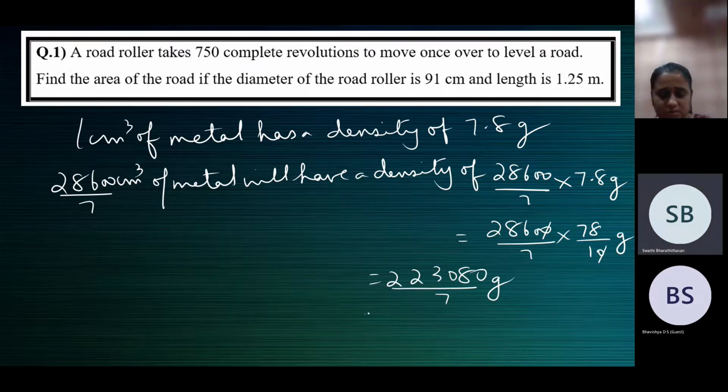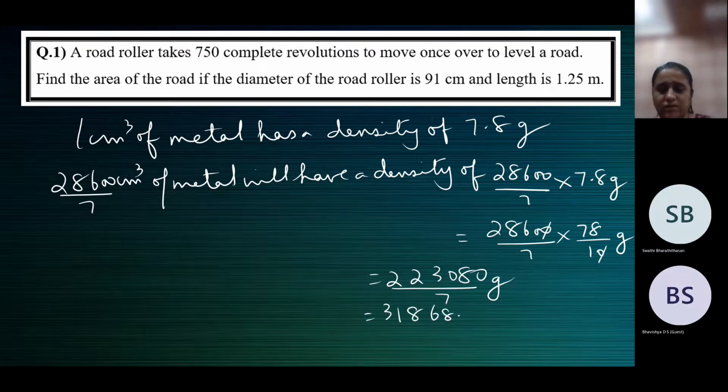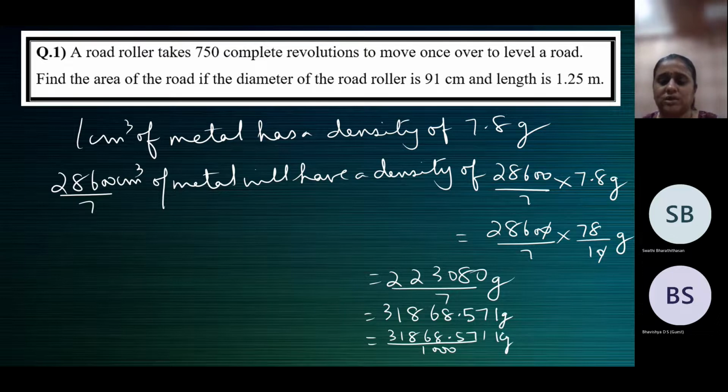Ma'am, the decimal keeps on going. 31868.571 grams. When you divide by 1000, it's changed to kilograms. The final answer is 31.868 kilograms.